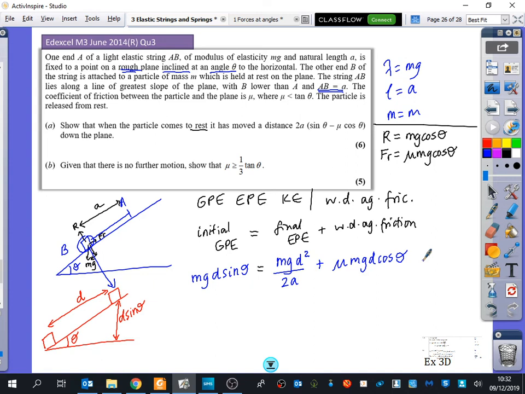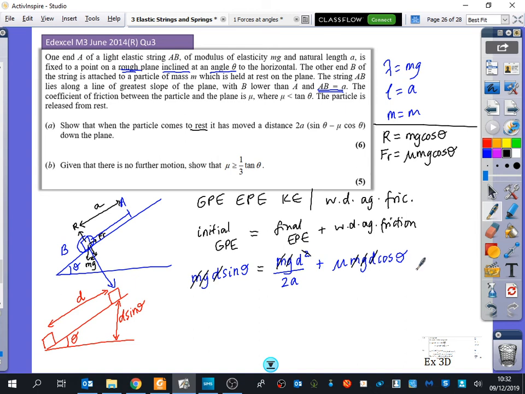Let's get rid of mgd from everything. Although you need to make sure that this line that you have here can still be read by the examiner, because this is probably worth 4 marks.